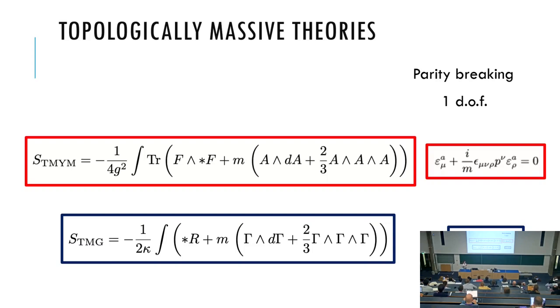They only have 1 degree of freedom that depends just on the sign of the mass. It's going to be a plus or minus 1 helicity state or a plus or minus 2 helicity state. And we have shown that it satisfies the double copy relationship that I mentioned before, that is usually for Yang-Mills and gravity in d equals 4 or larger. So in d equals 3, these would be the theories that you could be looking at.